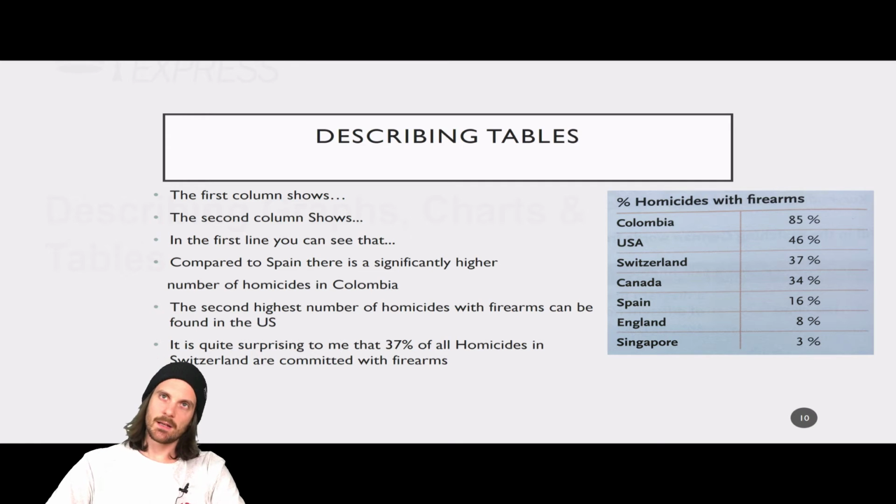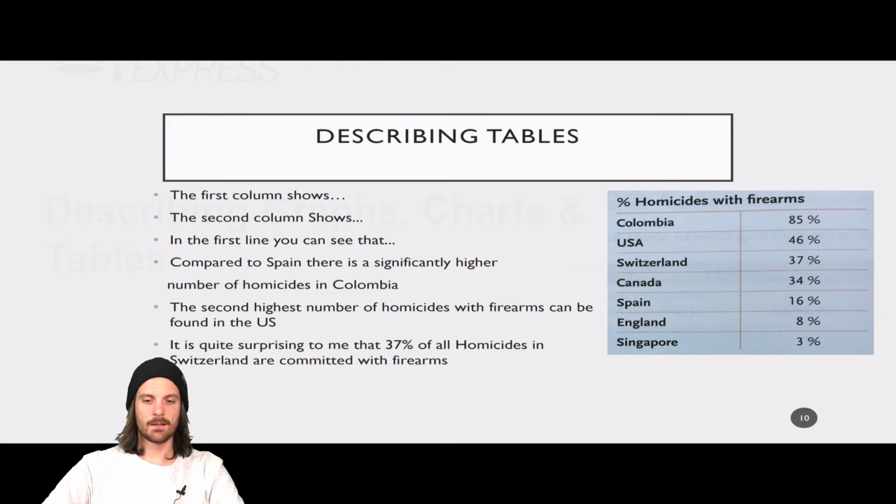Tables can be described with, I think tables are more difficult to describe, since you might think there's just a table and you might start just reading all the table or what the table shows. So in order to help you with that, just start with what the table is about, what can be seen in the first column, what can be seen in the second column.